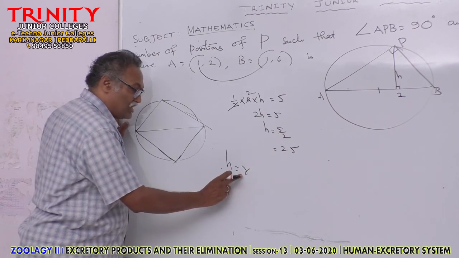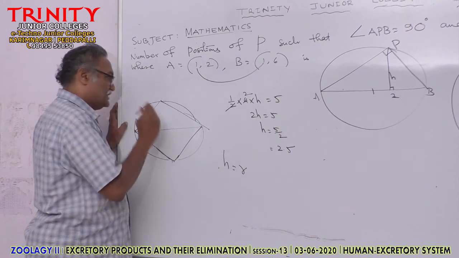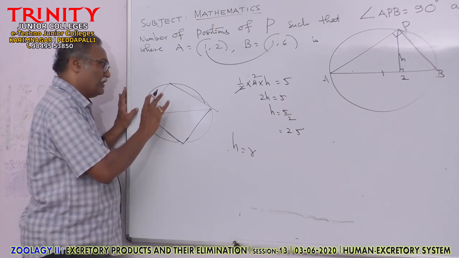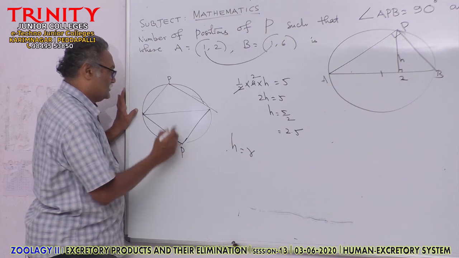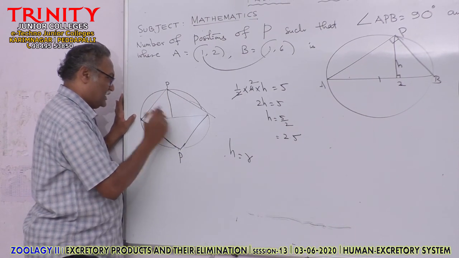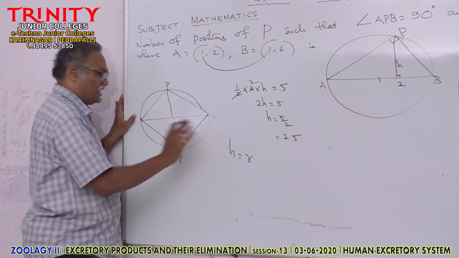If height equals radius, then the possible positions for P are either here or here. It is the radius of the circle. It is also the radius of the circle.